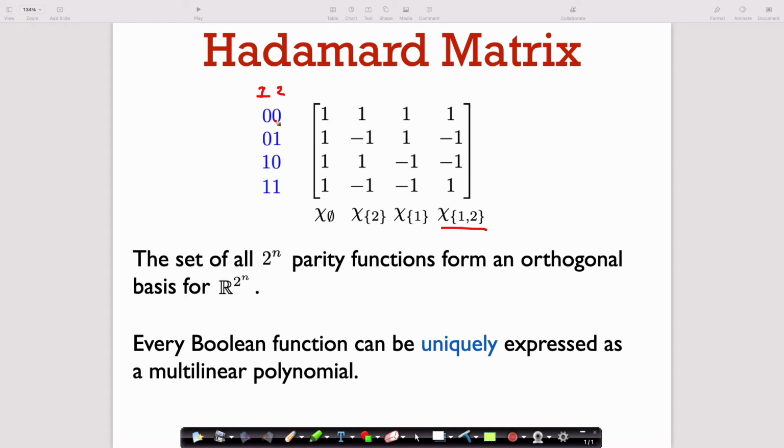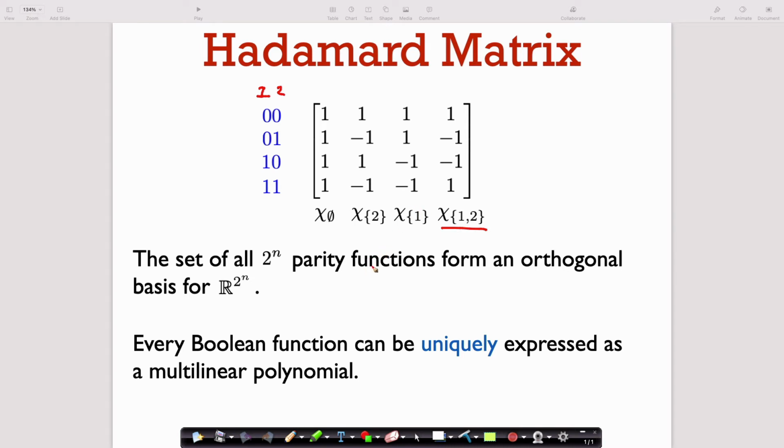In this case, there's no -1s, so it's 1. In this case, the number of -1s is odd, so we output -1, again -1, and here 1. You can see that every column of this matrix corresponds to a parity function on a subset of the input bits. This is just an unnormalized Hadamard matrix.